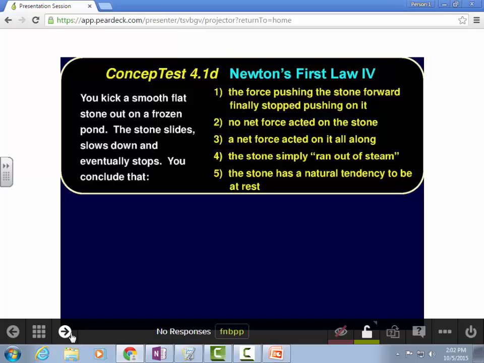So, you kick a smooth stone on a frozen pond. The stone slides, slows down, and eventually stops.